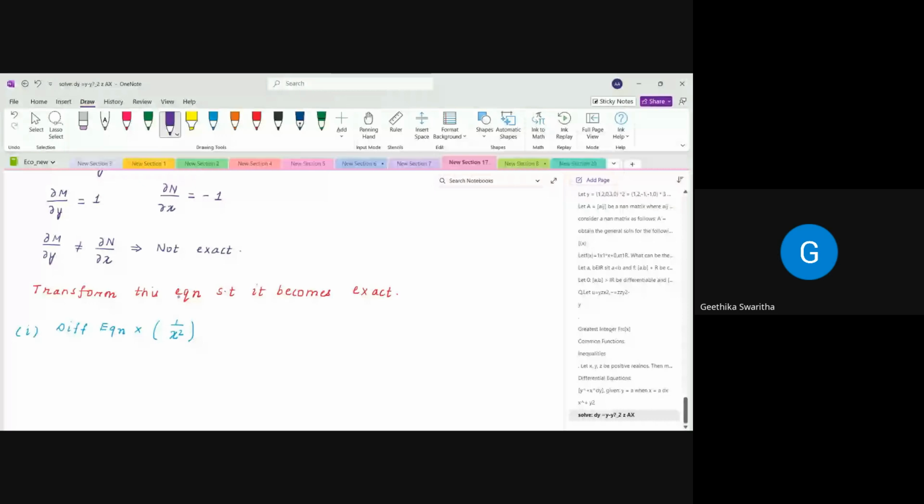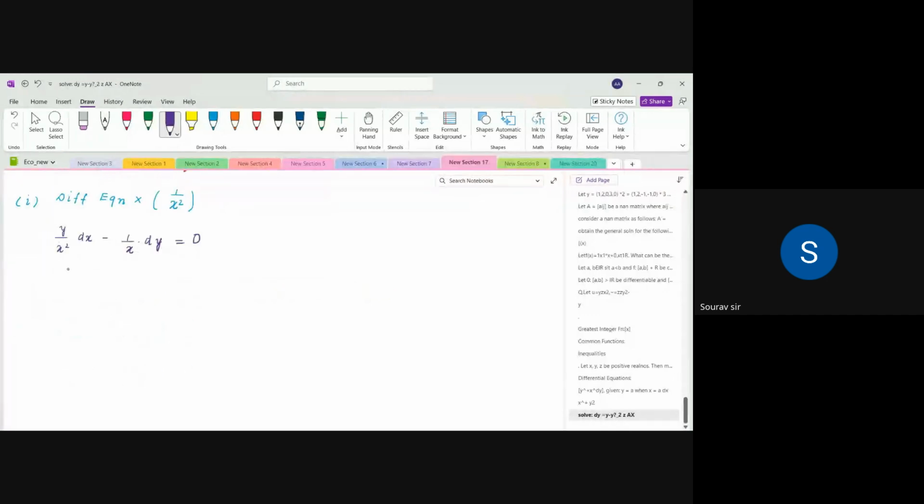y by x square dx minus 1 by x dy equals 0. So this one, right? If you try to check if this is exact, over here what is your M? y by x square, and your N is minus of 1 upon x.